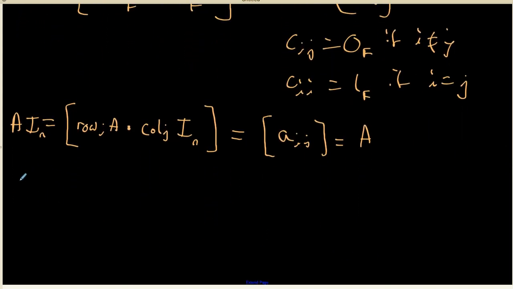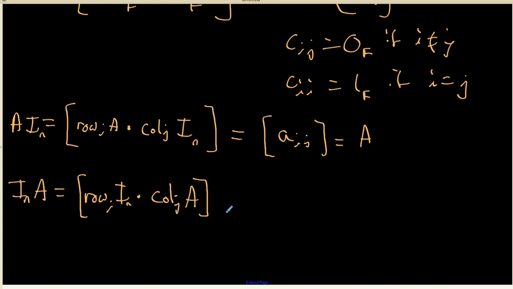On the other hand, if I look at that product going the other way, the identity first and then the matrix A, this will be row i of the identity matrix dotted with column j of the A matrix.